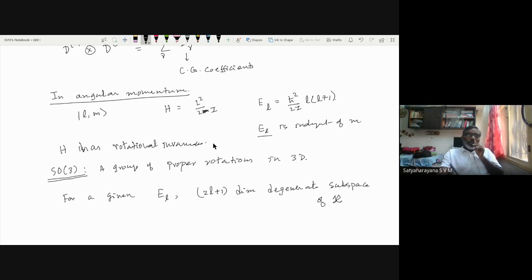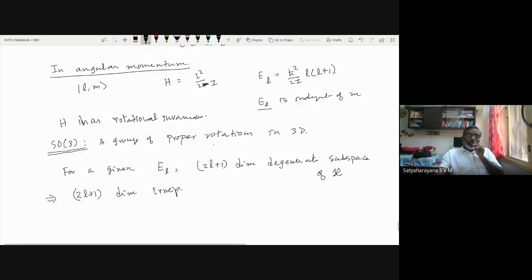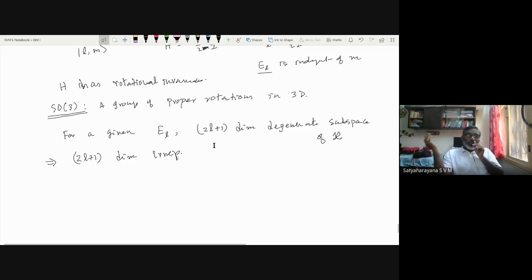Because of that, we have a 2L plus 1 dimensional irreducible representation. For different L's, it will be 2L plus 1. For example, if L is equal to 0, it's a 1-dimensional representation; L is equal to 1, it's a 3-dimensional representation, and so on.